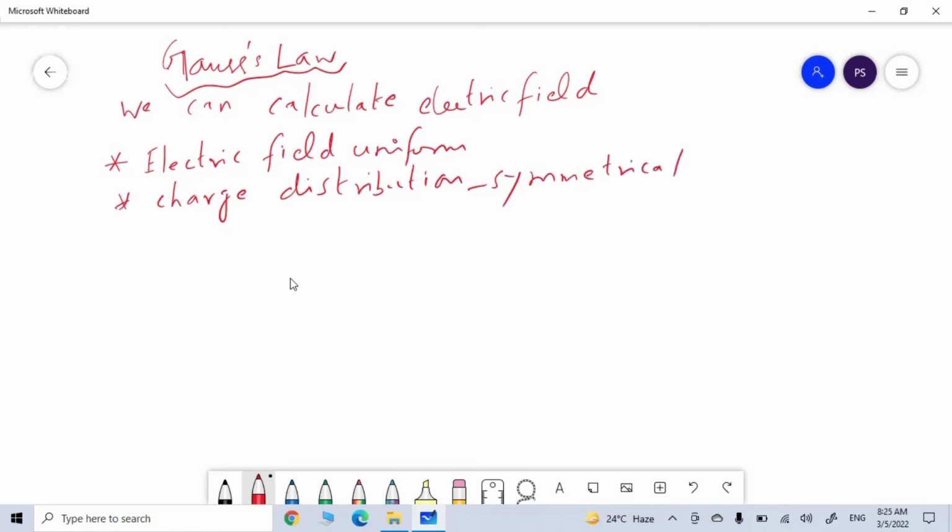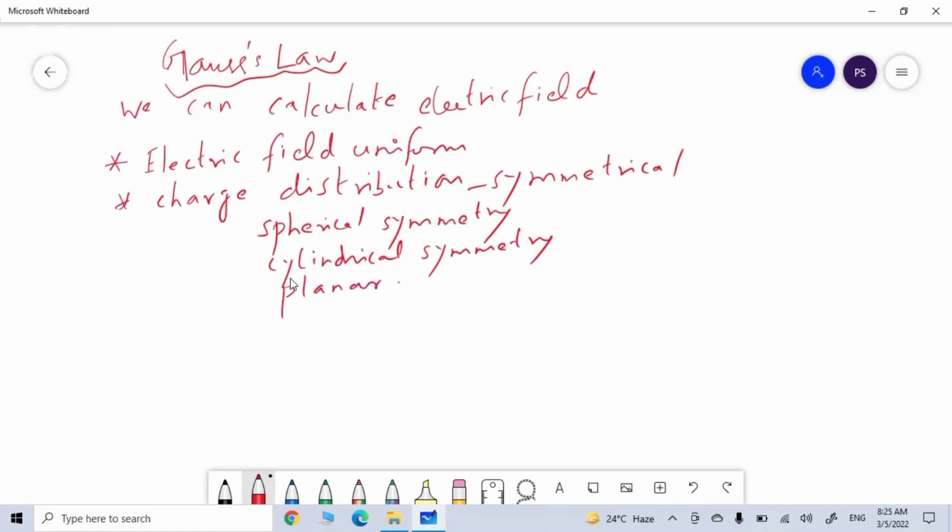So it has to be a spherical symmetry, a cylindrical symmetry, or in other words, a planar symmetry.